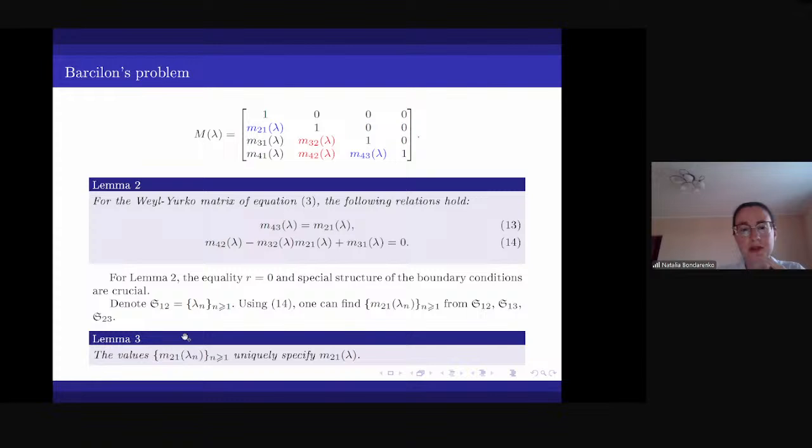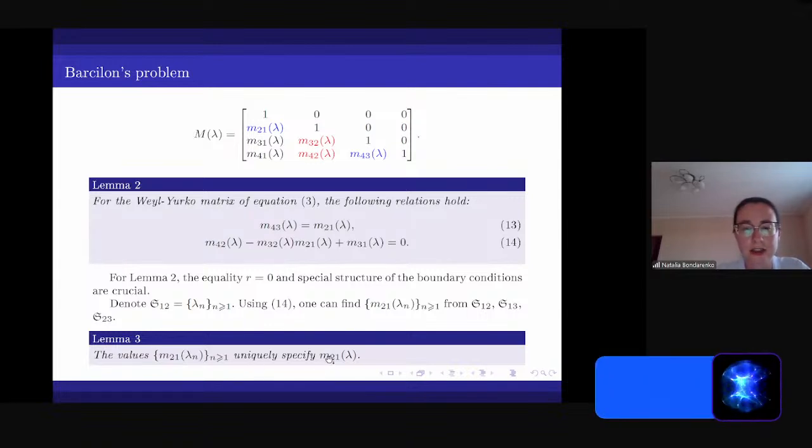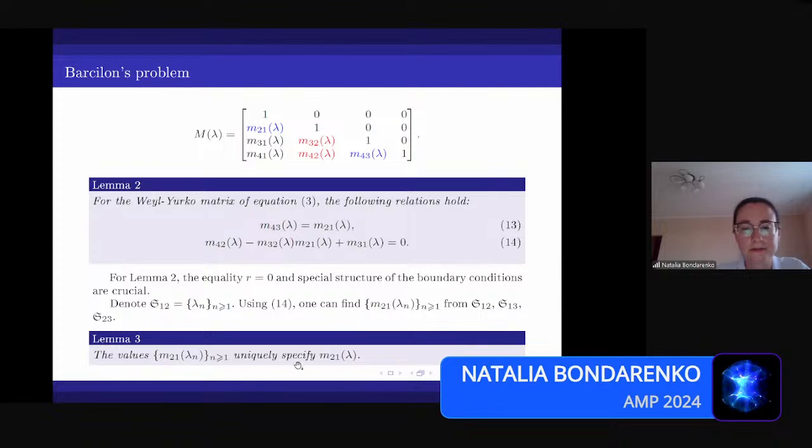The proof of this lemma is based on some estimates. We have to construct Birkhoff type solutions in some sectors, and then estimate the characteristic functions delta gk, then estimate this element, and using this estimate, this uniqueness lemma can be obtained.